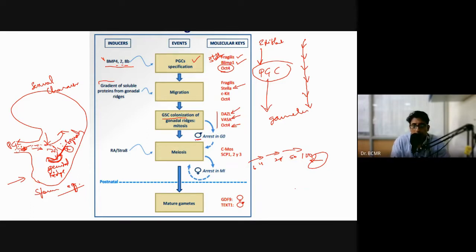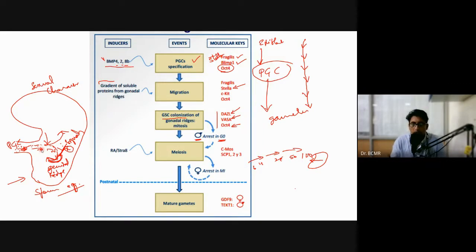In case of males, they will be in G0 phase. So right when the embryo has formed, they reach the genital ridge, and within the genital ridge they will enter into G0 phase and remain dormant for the next 12 or 14 years.